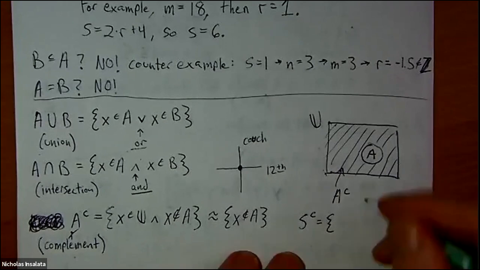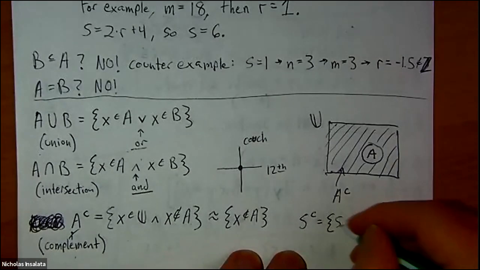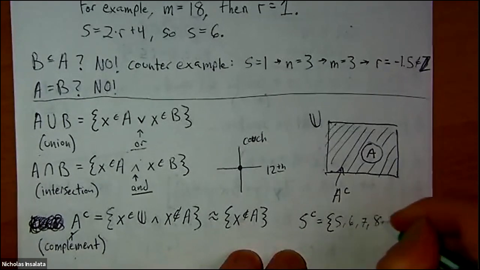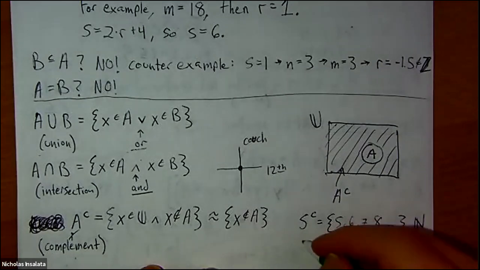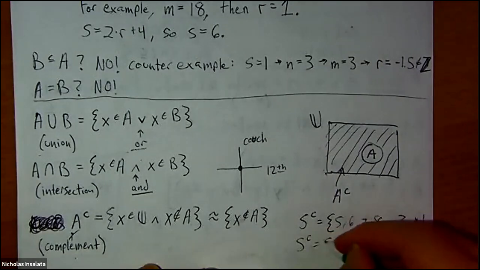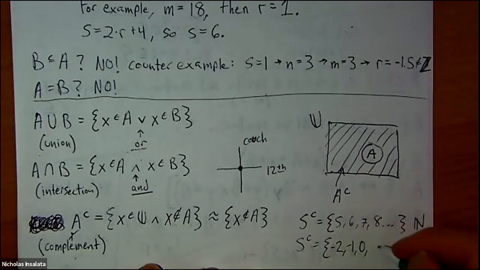So if I just had naturals, I'd say S complement would be 5, 6, 7, 8, etc. Right? That's for naturals being the universe. Well, what if I had integers being the universe? Then I would have ..., -2, -1, 0, 5, 6, 7, ... and a ... on that side.